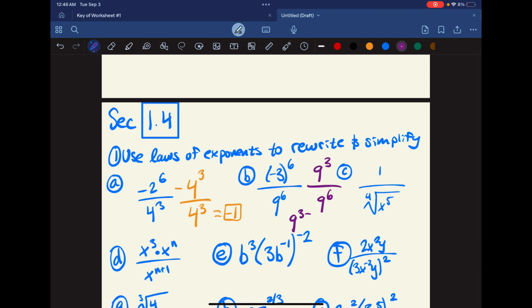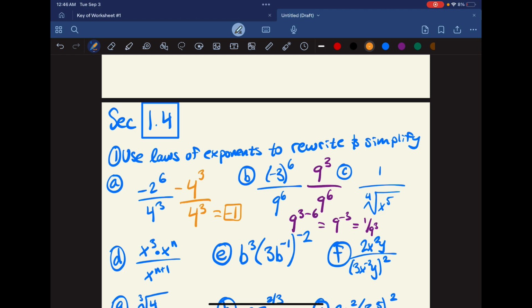We can simplify this as 9 to the 3 minus 6, which is 9 to the negative 3, which is 1 divided by 9 to the third power. And you could simplify that even further. That is 81 times 1 over 81 times 9, but I don't know what that is off the top of my head, and I don't think you'd be expected to either.